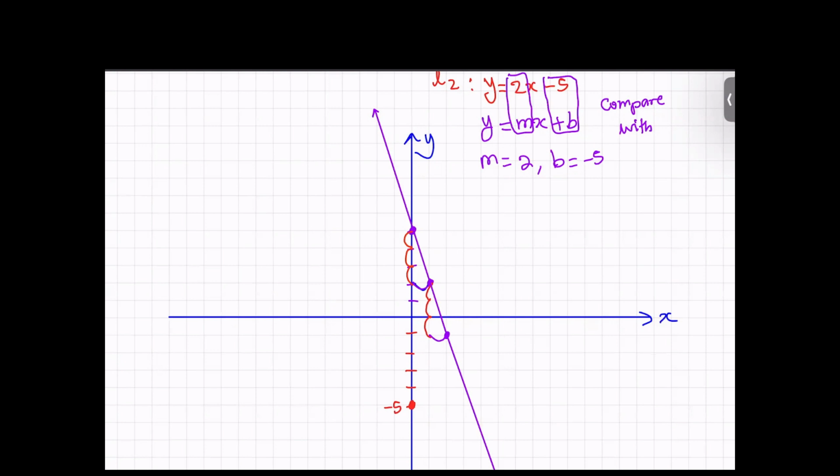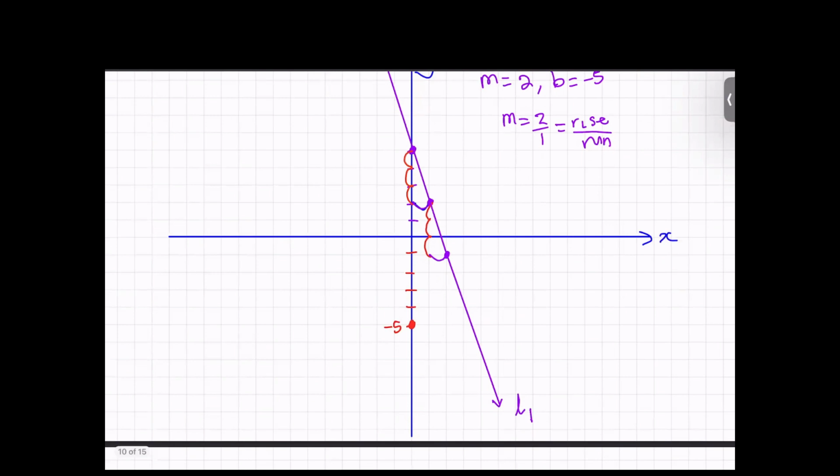Your slope here is 2 over 1, which is rise over run. That means your rise is 2 and your run is 1. So from there, you rise up by 2, 1, 2, and then run 1.